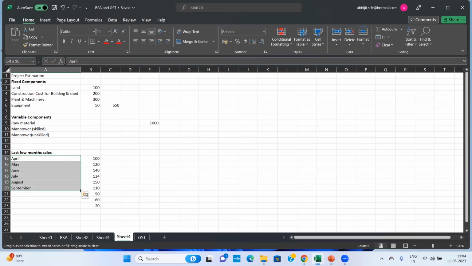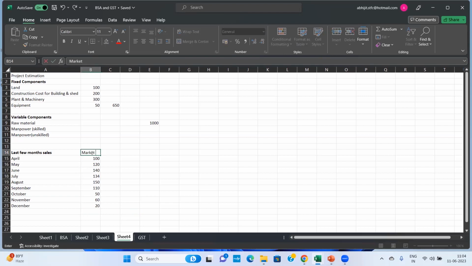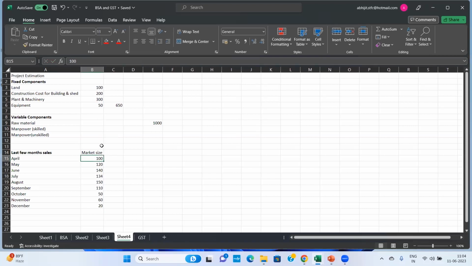Correct, either calendar year or financial year. You can consider the financial year also. Now, this is one aspect. I know my market size. This is my market size, yes or no?